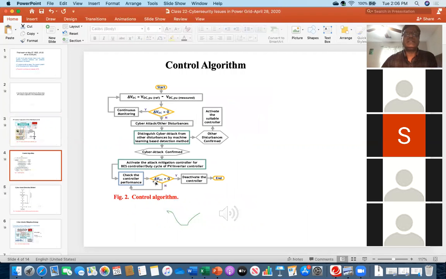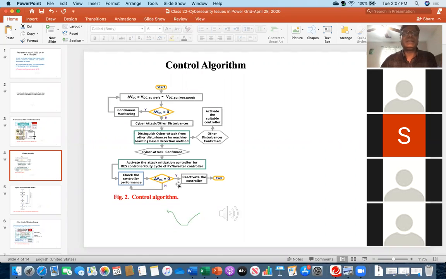Your goal is, because you are comparing the DC voltage, whether the difference is 0 or there is some value. If it is 0, then fine, deactivate the controller. You don't need to keep it connected, because if you keep it open for a long time, the cyber attacker may come to know the presence of that controller, and they may try to destroy your mitigation controller.